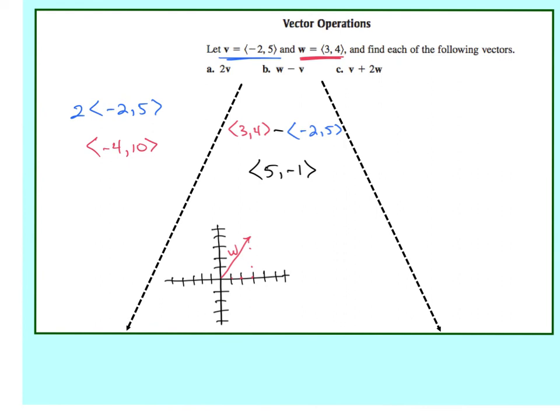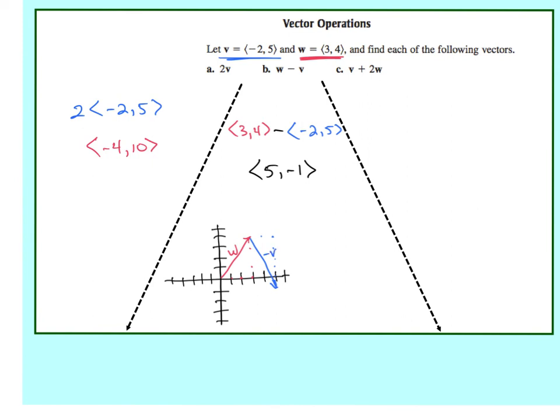Are you following? All right? So if I have to subtract that vector, now I'm going to go right 2, and then I'm going to go down 5. So 1, 2, 3, 4, 5. And so my negative vector V goes something like that.